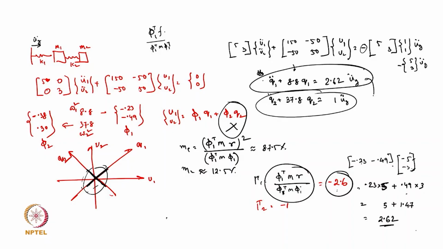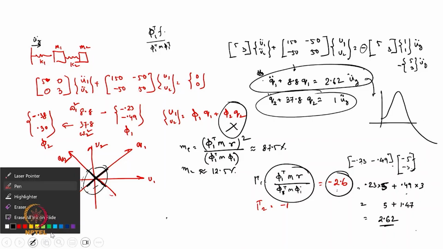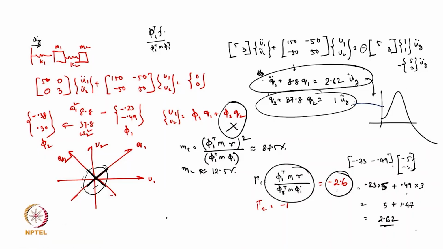Means if I try to see that in the frequency domain plot, this one will be like this way, that will also be like this way, but these two frequencies are different. One frequency is like this, and another, if I draw this one, will go like this way.